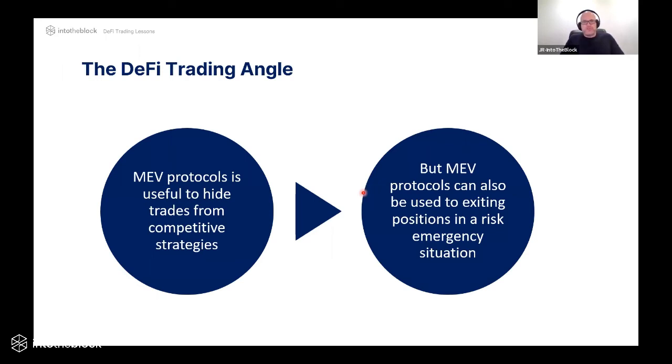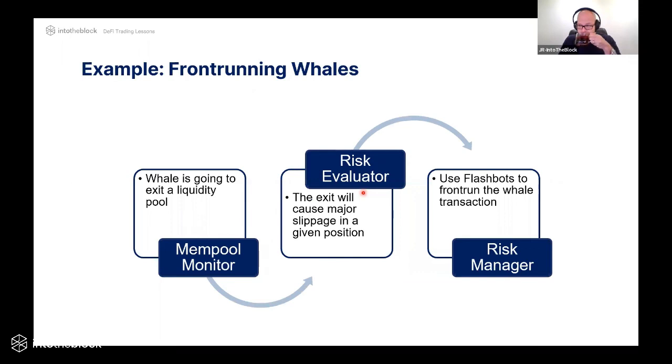Typically we think about MEV in the Flashbots scenario of sending a trade that the front runners are not seeing and getting an edge that way, and that's valuable. But then there are many scenarios in which doing those trades to protect yourself from a risk condition is equally important.